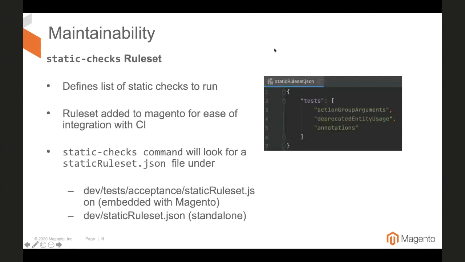Let me just quickly talk a little bit about rule sets. In order to run static checks on CI/CD more efficiently, without having to release new versions of Mftf whenever we enable a certain static check, we've introduced this static checks rule set JSON file, which resides in the Magento code base, and that defines what static checks are enabled.